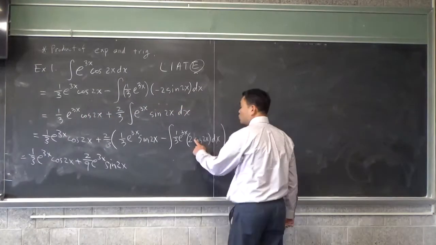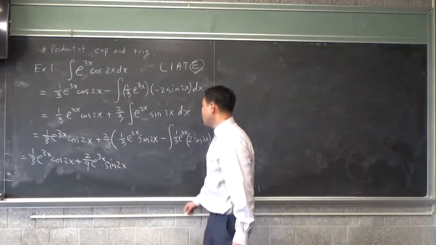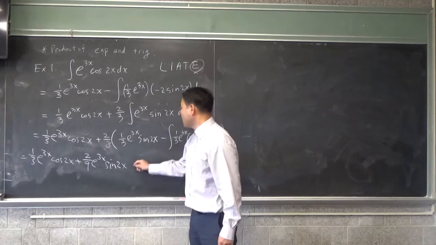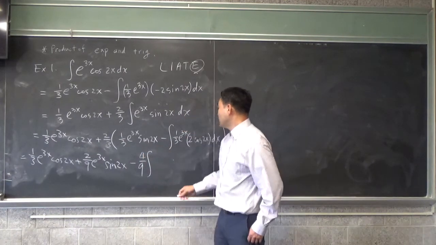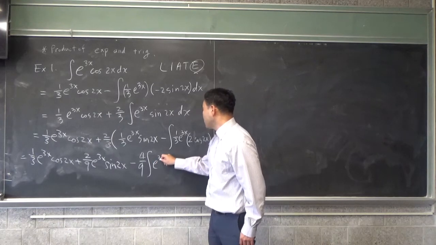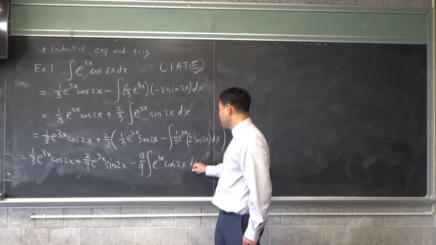And then 2 times 1/3 is 2/3 times 2/3, so that's 4/9. And there's a minus sign, so it's minus 4/9 integral of e to the 3x cosine 2x dx.